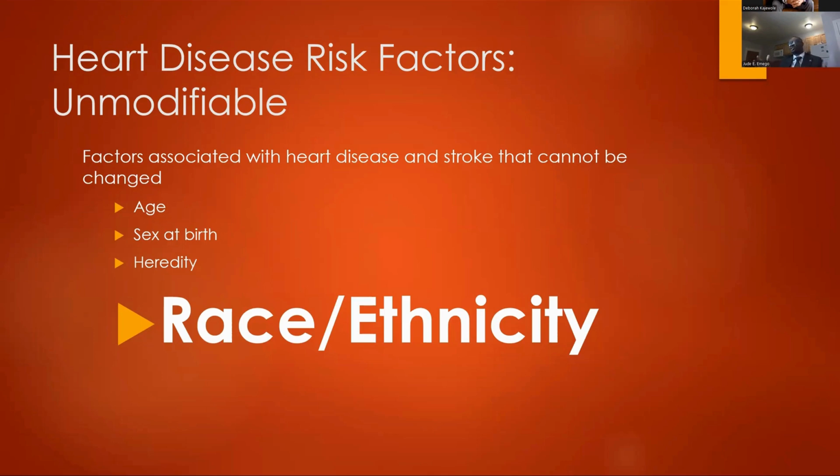But it's important to know that the other slide talks about what we can do, how we can help. We can't change the fact that we are Black people and we already have inherited a lot of risk of dying of heart issues. But we can work on some things to mediate those risk factors.